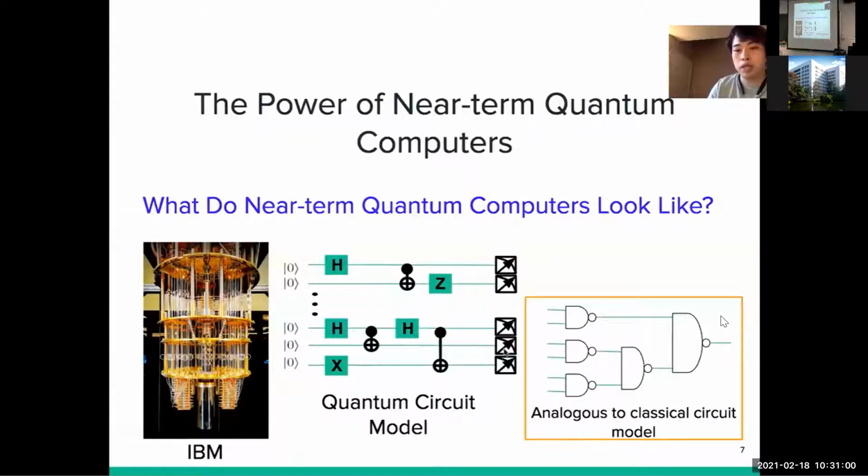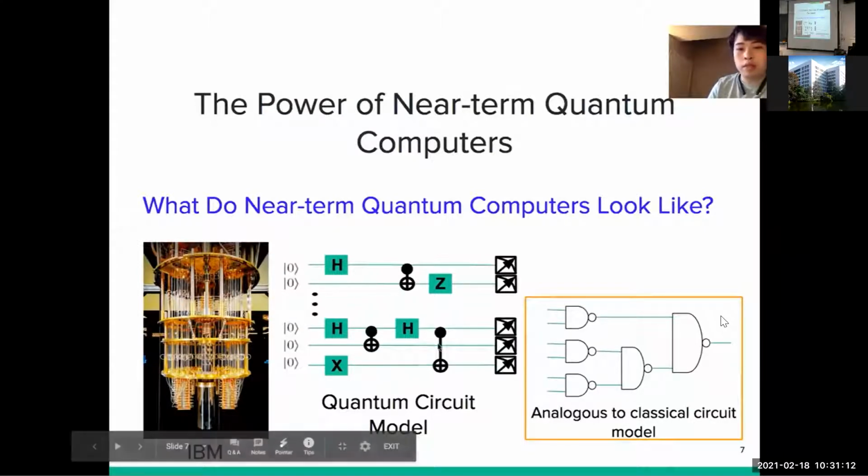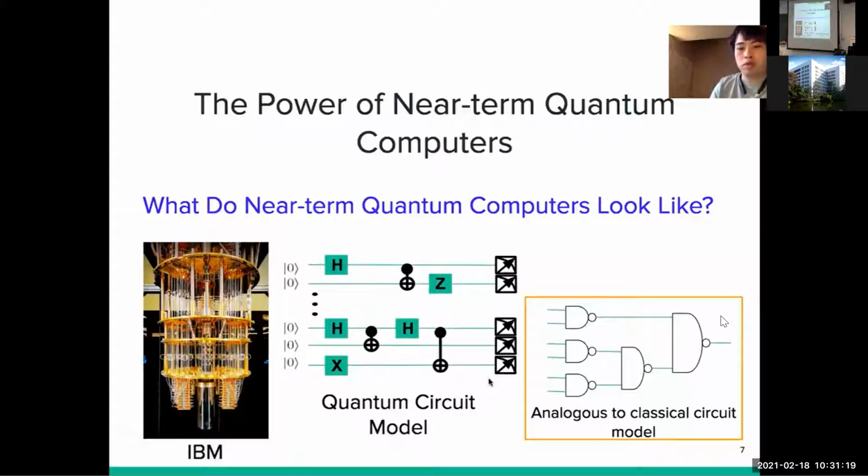This box here measures your qubits, and then you get some classical information that you can read. So you have qubits as input, gates operating on the qubits, and then qubits as output, and then you apply measurement to extract information from the qubits. And that's all we need for the background about quantum computing today.